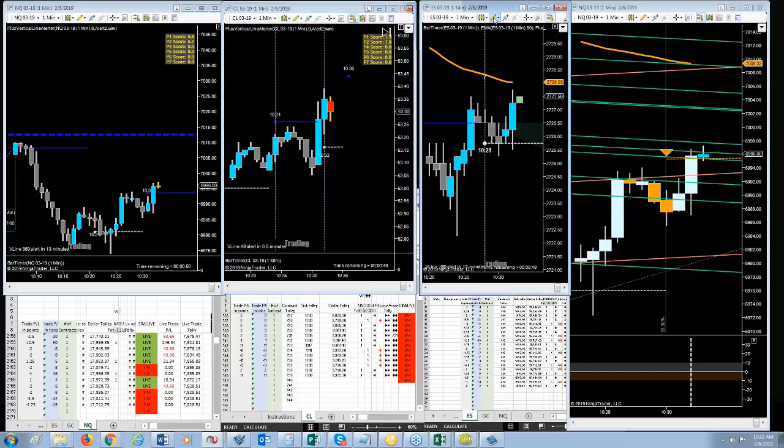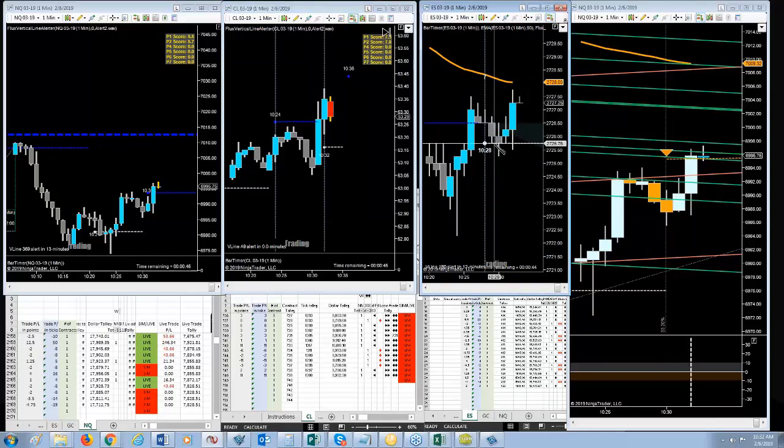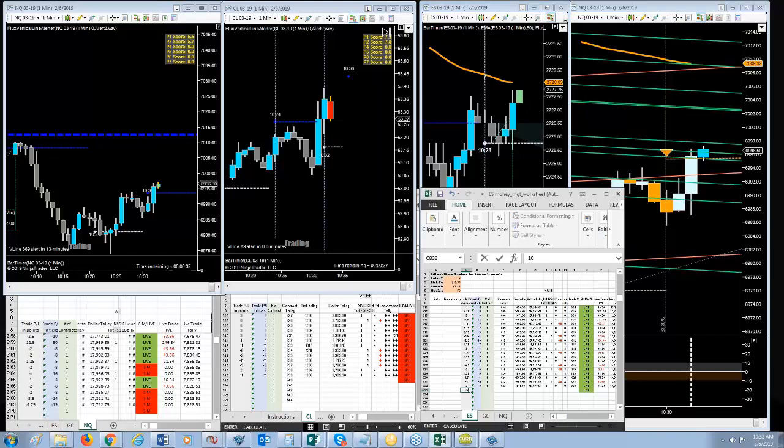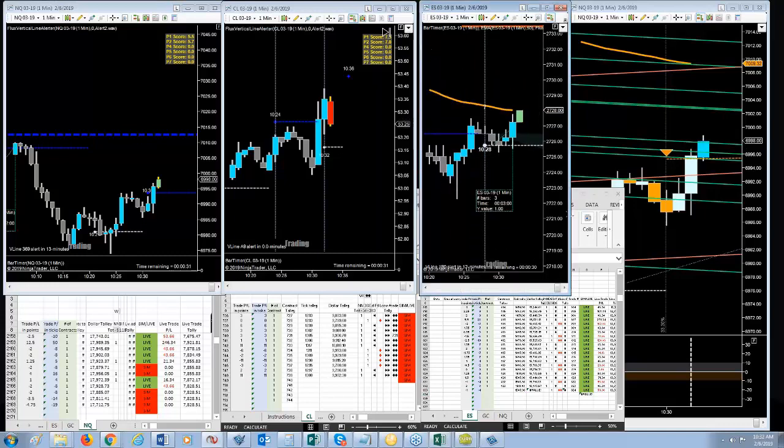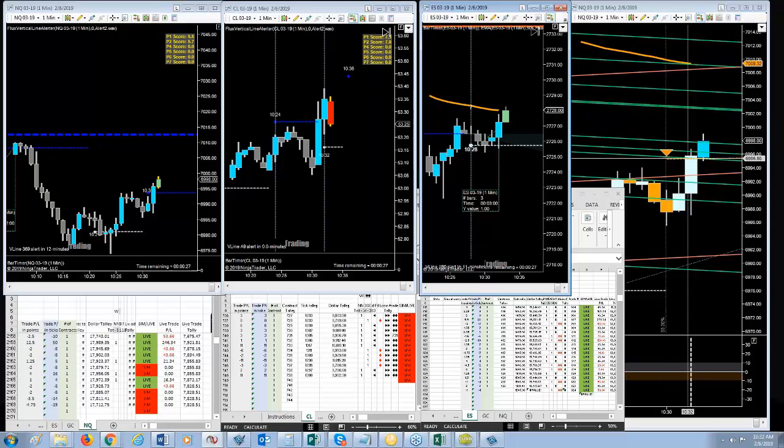On the ES, there was a stop loss limit hit. So from here to here, it's -1. We do have a cross of the stop line for this faux 4 signal right here.